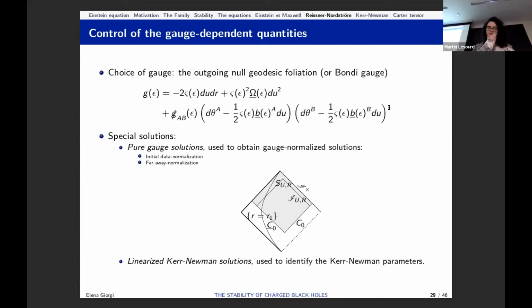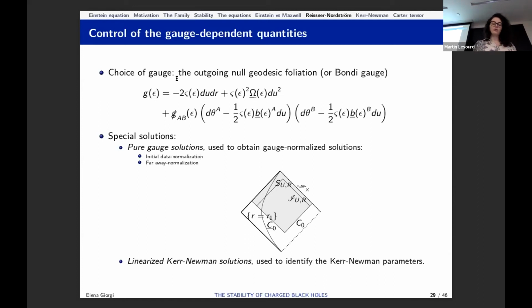So we've heard a lot about the double null gauge used in the case of Schwarzschild in the linear proof and also in the nonlinear proof. The way I did it was using the outgoing null geodesic foliation, or Bondi gauge. Again, you could have done it in the double null gauge as well. This is the kind of gauge that we've also heard about in some previous talks.